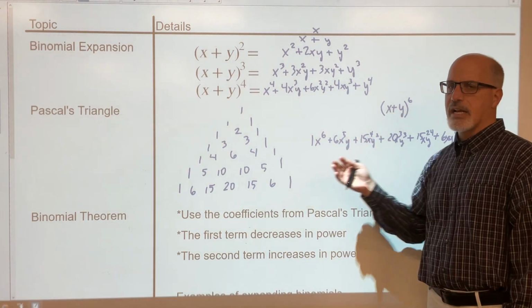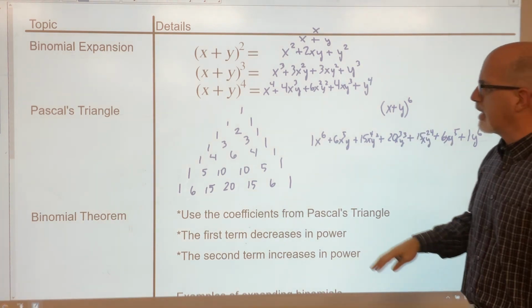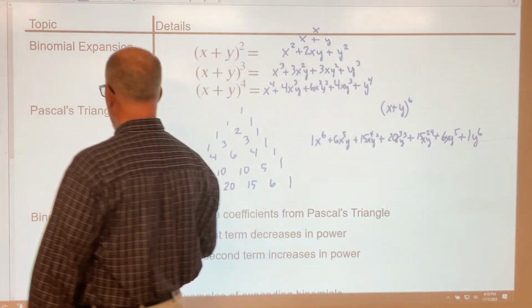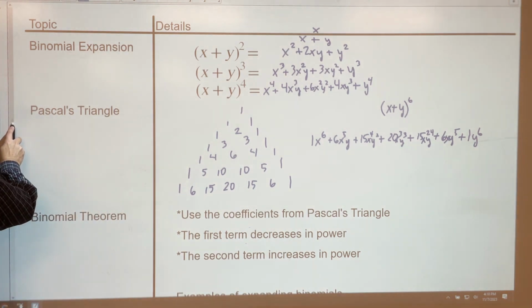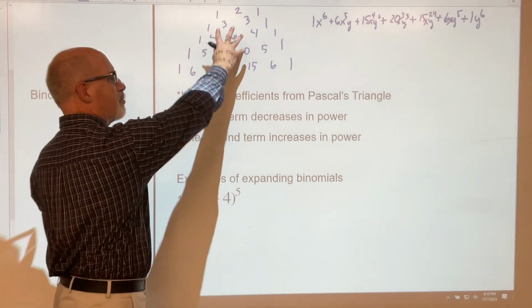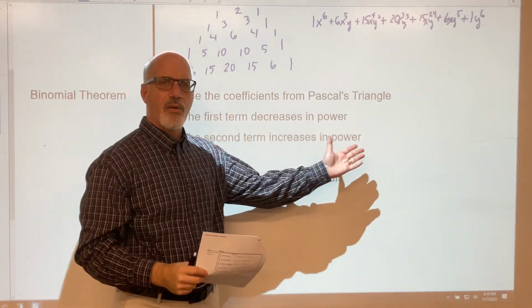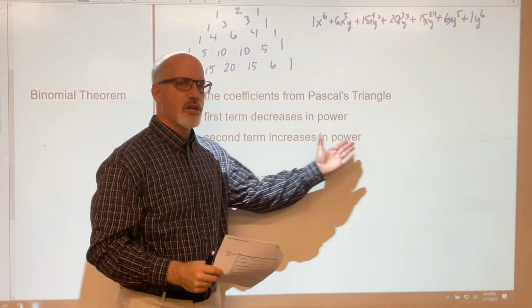So you expand it out by decreasing the first term and increasing the second. That gives us a pattern we can use for the binomial theorem. The binomial theorem tells us to use the coefficients from Pascal's triangle, then the first term decreases in power, and the second term increases in power.